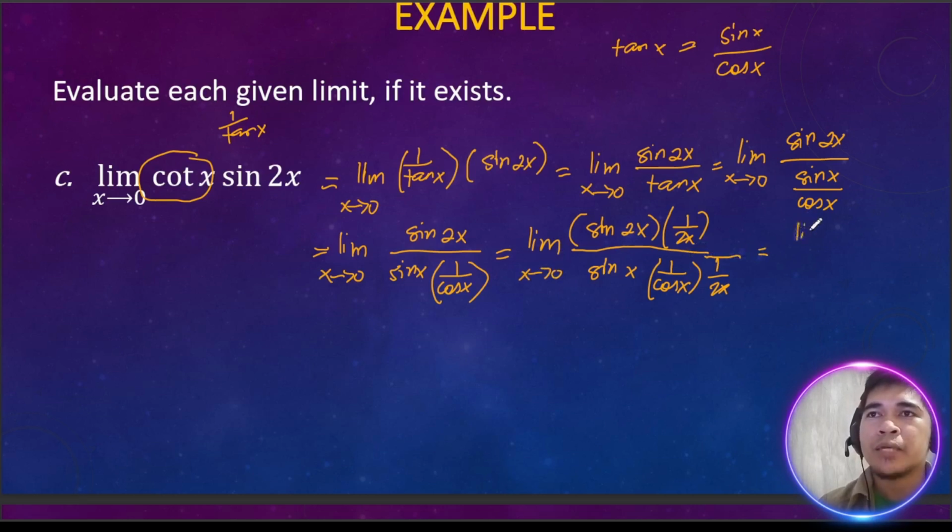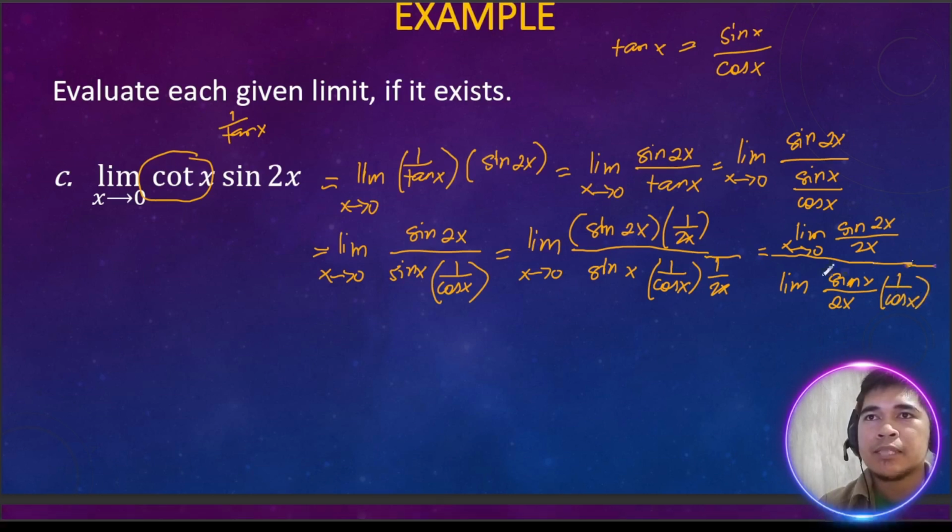So we get limit of sine 2x over 2x as x approaches 0 all over limit of sine x over 2x times 1 over cosine x as x approaches 0.